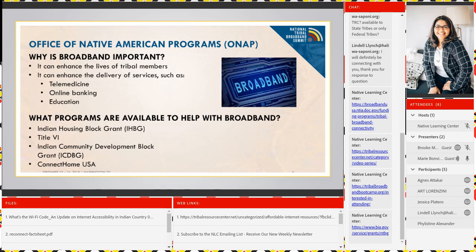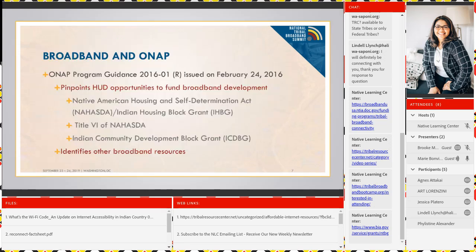Of course, there's Title VI, and then Connect Home, as Brooke mentioned. But I wanted to connect the dots as it relates to our NAHASDA dollars and opportunities to fund future broadband development, right?